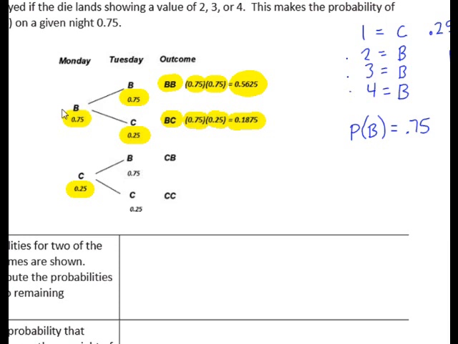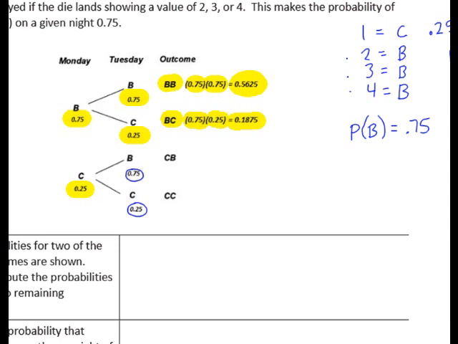So back to question A. The probabilities for 2 of the 4 outcomes are shown. Now compute the probabilities for the 2 remaining outcomes. They've already written down the probabilities here for us, so we just need to calculate the answer.